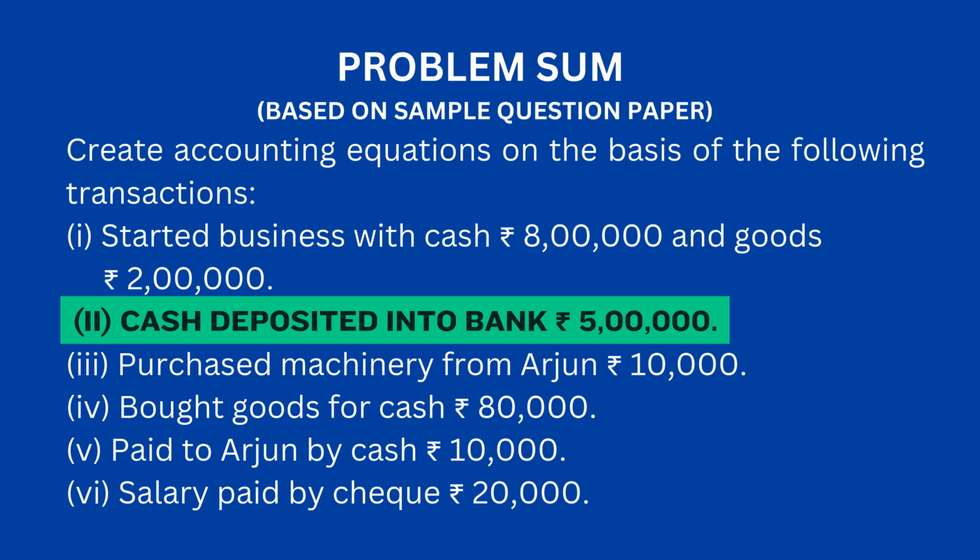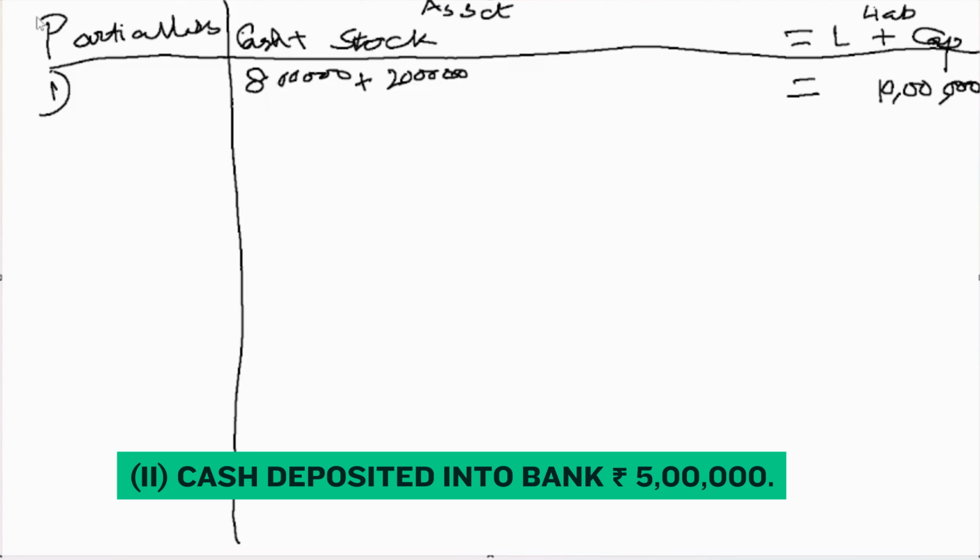In the next step, what we see is cash deposited into the bank 5 lakhs. So here cash is subtracted by 5 lakhs, and in the bank it will be added as 5 lakhs. If we move on to the next equation, equation number 2, 5 lakhs will be subtracted from cash.